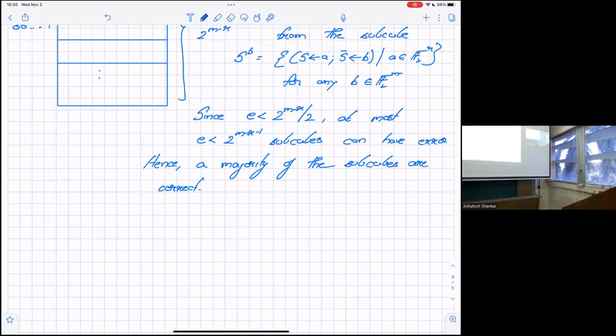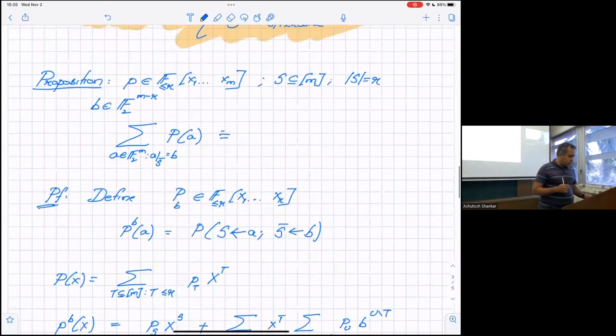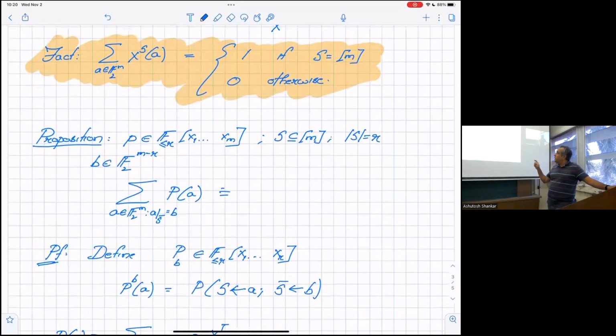How do you then proceed? No, but the lower degrees you don't. For this proposition to be true, it was important that P was a degree R polynomial.